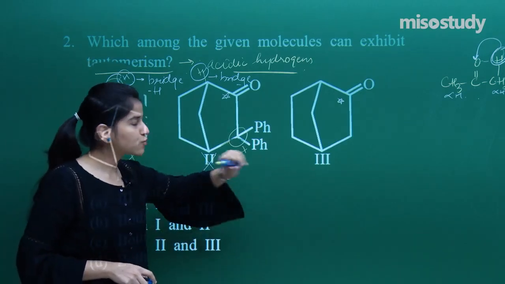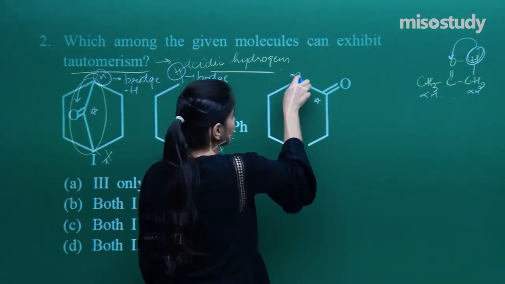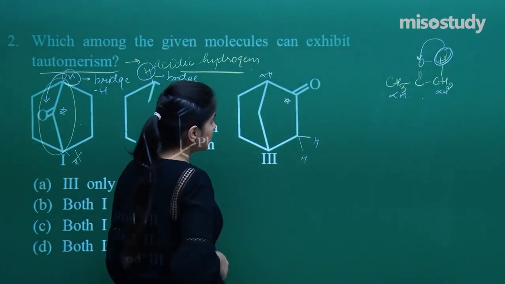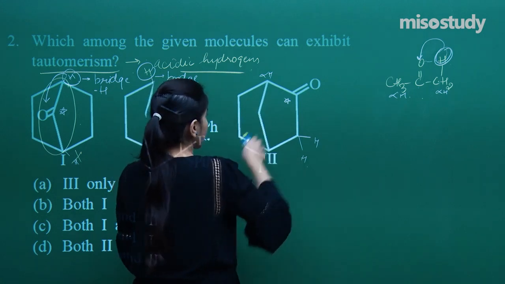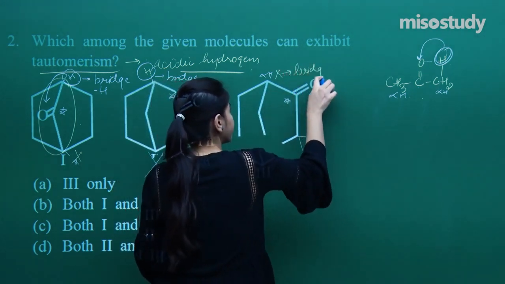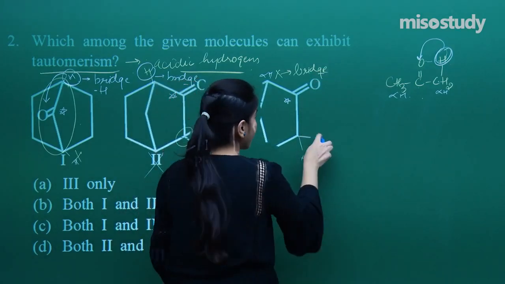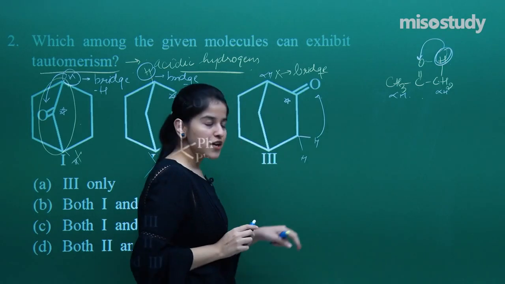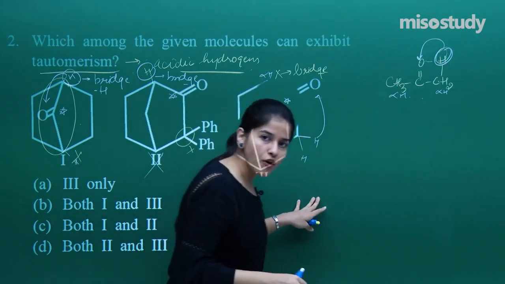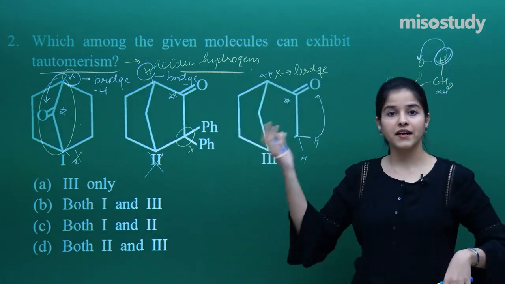Okay, now let's move on to the very last option. Where are the alpha hydrogens? Alpha hydrogen over here, and I have got two more over here. So if you see, this particular hydrogen is definitely not giving because it is again on the bridge. But these two hydrogens are very much willing to participate in the tautomerism because these are neither present on the bridge, nor do I have any other groups present other than hydrogen.